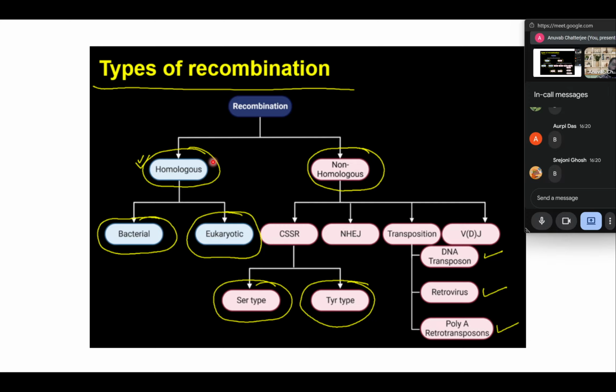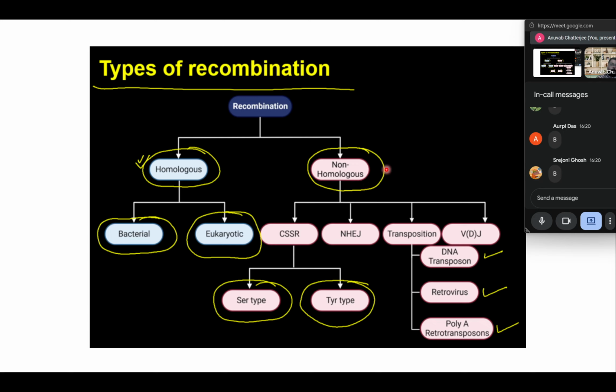So all of us have a pair of chromosomes for all of the DNA that we have. So even if there is damage in one of the single strands of one of the chromosomes, the other is absolutely fine. So we can look at the DNA sequence of the other chromosome and try and fix the original one. So when you use a template to fix DNA damage, it is known as homologous recombination, and it could be bacterial or eukaryotic. These are very similar in nature. We will see how that works.